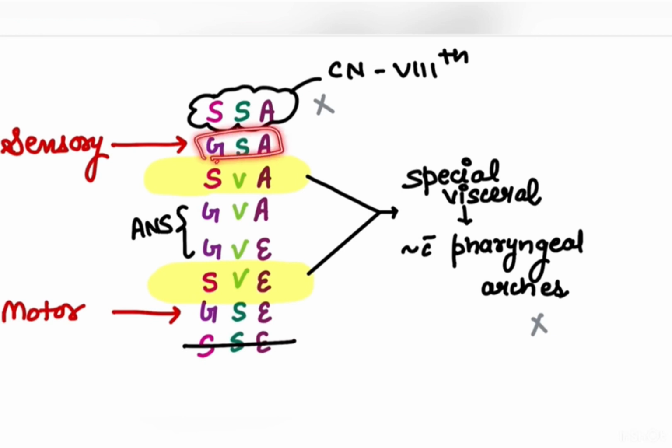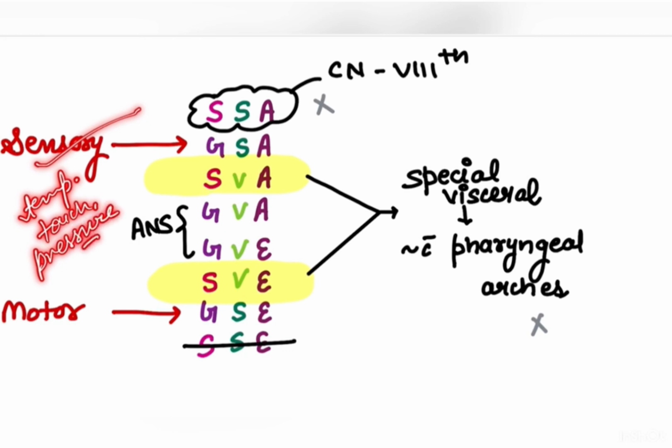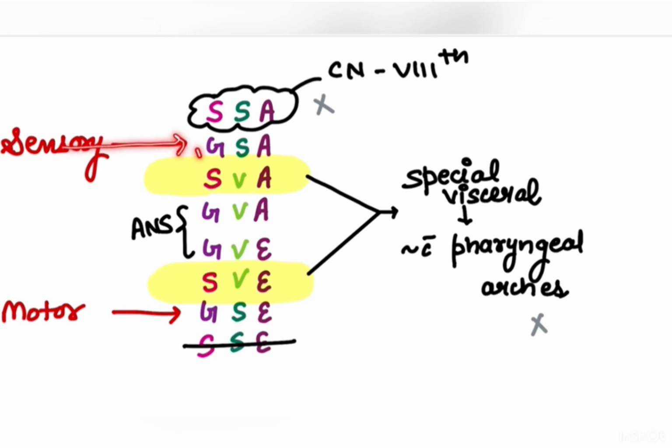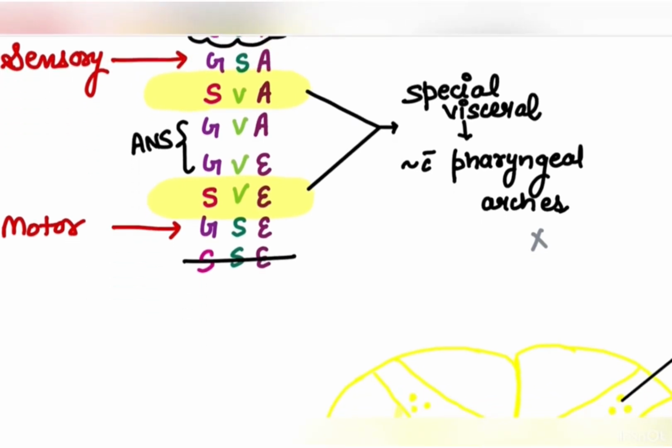What is left over is general somatic afferent and general somatic efferent. Since these are general somatic, these are the general terms which we know, the normal sensory items. For example, temperature, touch, or pressure applied on the skin. They are carried through these sensory nerves to the general somatic afferent component in the brain or the spinal cord.